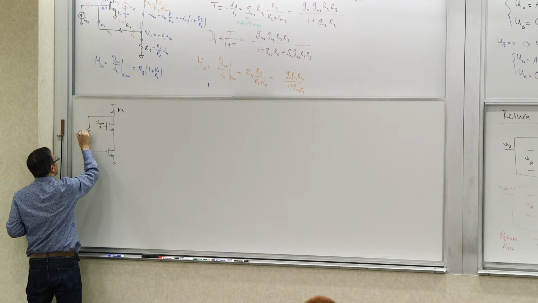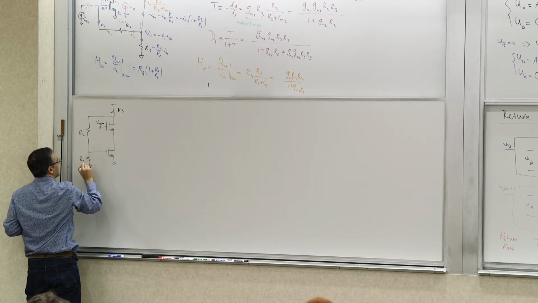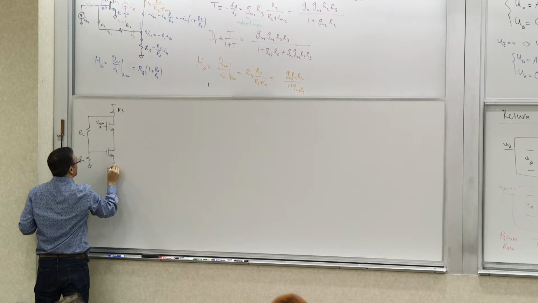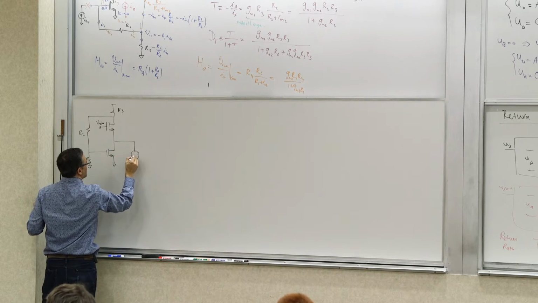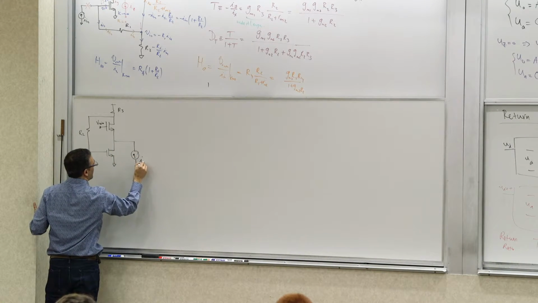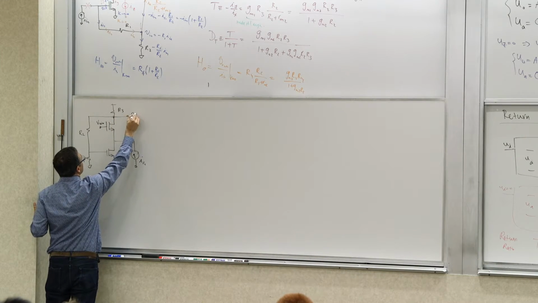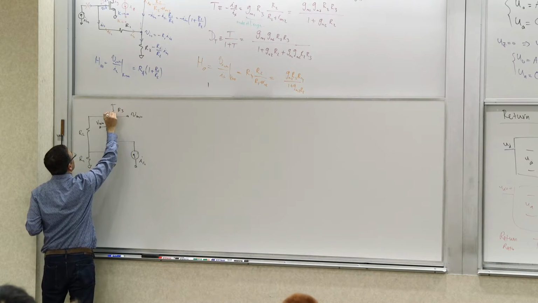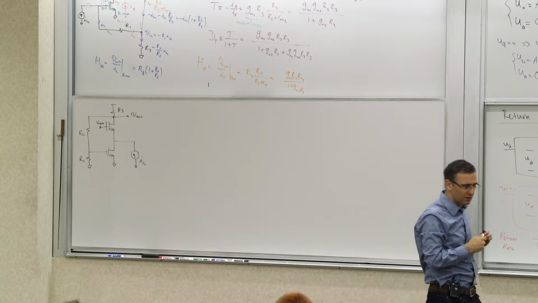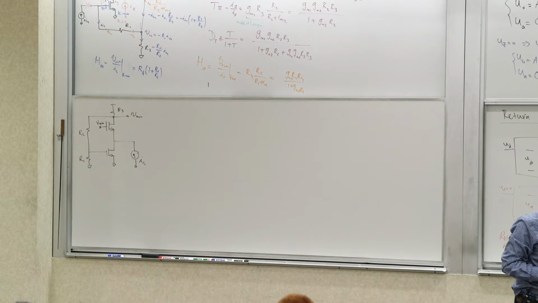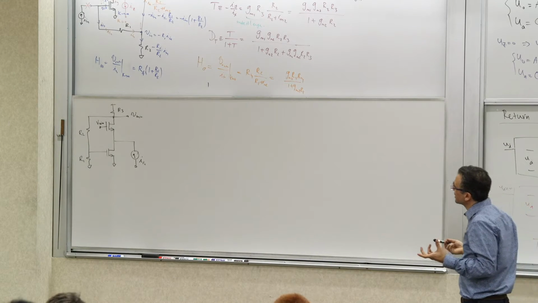I think this was R2 and R1, but I will double check. This was an M1. There is an input current source, I in, and output voltage, V out. So we are looking at it from a small signal perspective. Is it R2 and R1? Yeah, OK. So this is the circuit.